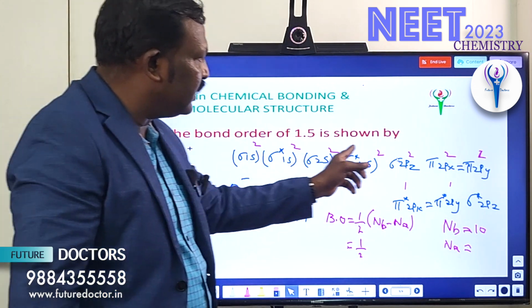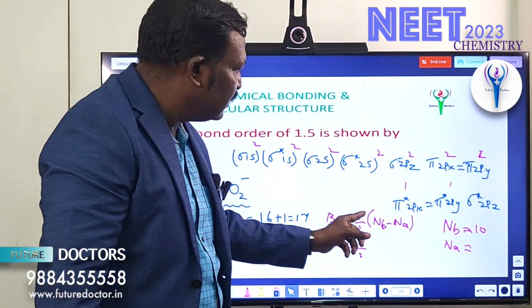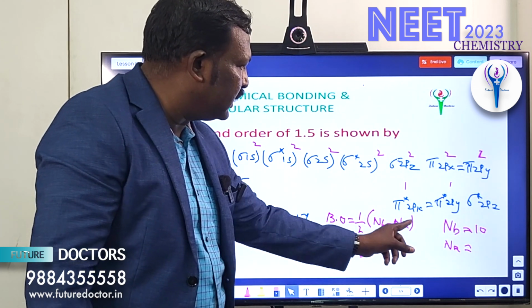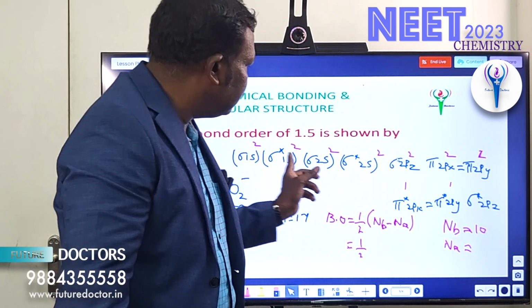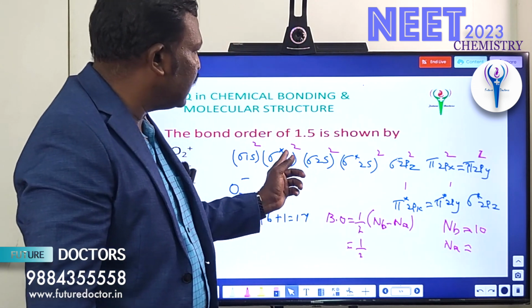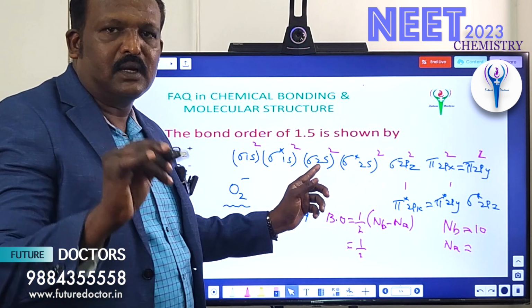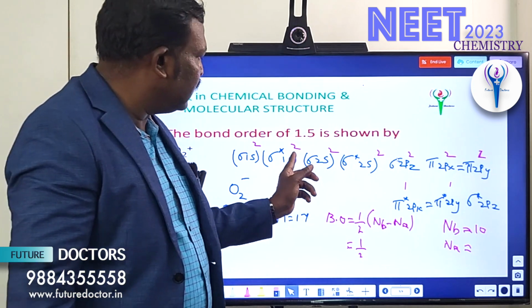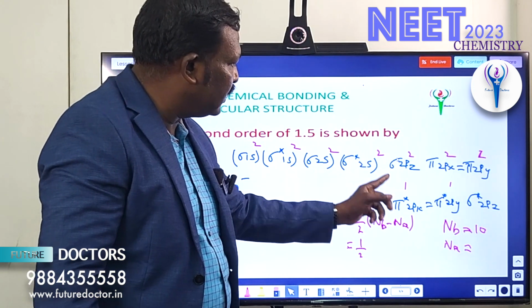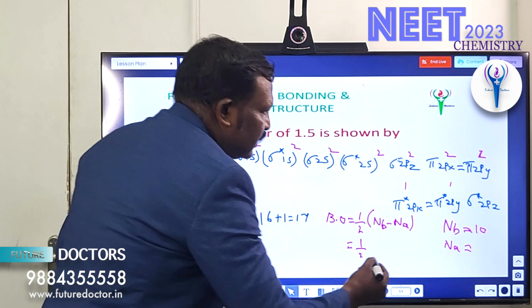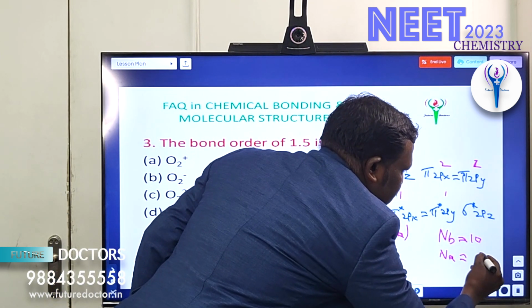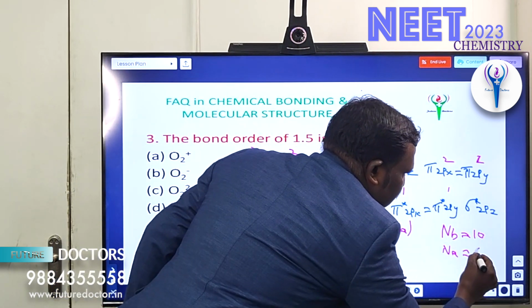That 17 electrons only we are filling here. The formula is 1 by 2 NB minus NA. NB is 10 electrons. NA means wherever the star symbol is there. So we have 2 electrons here, 1 here, 1 here, totally 6 electrons. Understood?